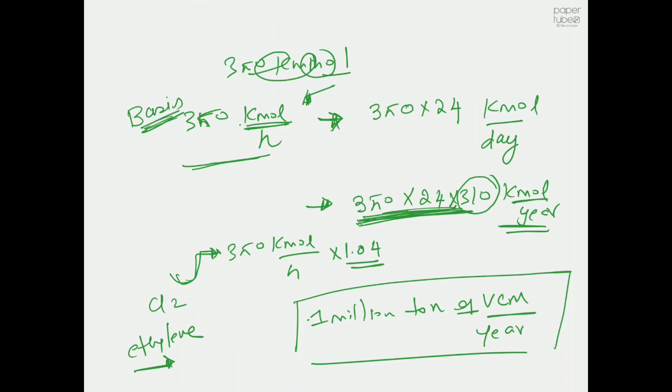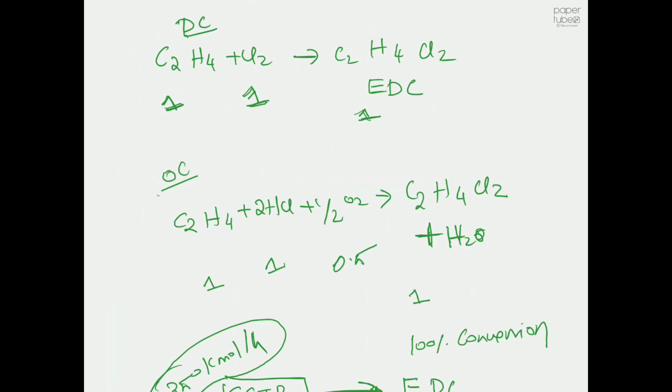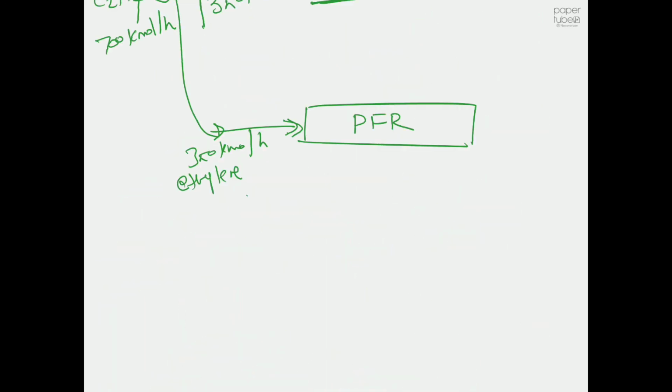350 kilomoles per hour, and the same rule applies for the plug flow reactor. If you come back to the previous page, 350 kilomoles per hour of ethylene enters the catalytic reactor. In the reaction stoichiometry for oxychlorination, you have 2 moles of hydrochloric acid. So what should be the flow rate of hydrochloric acid?